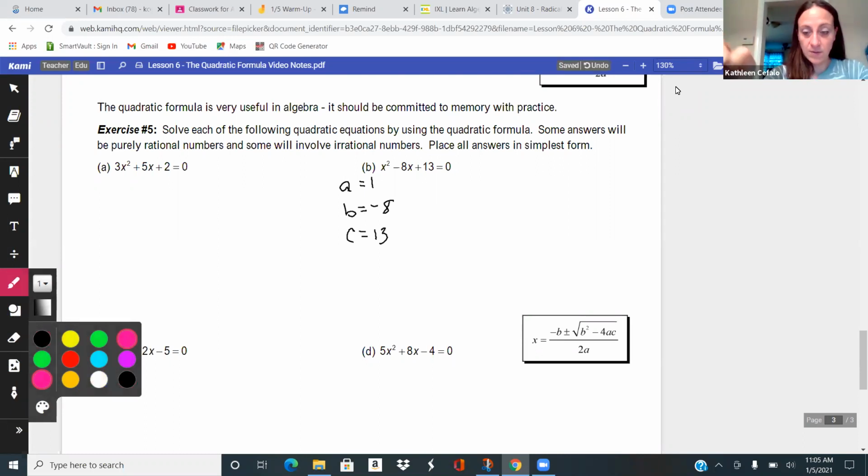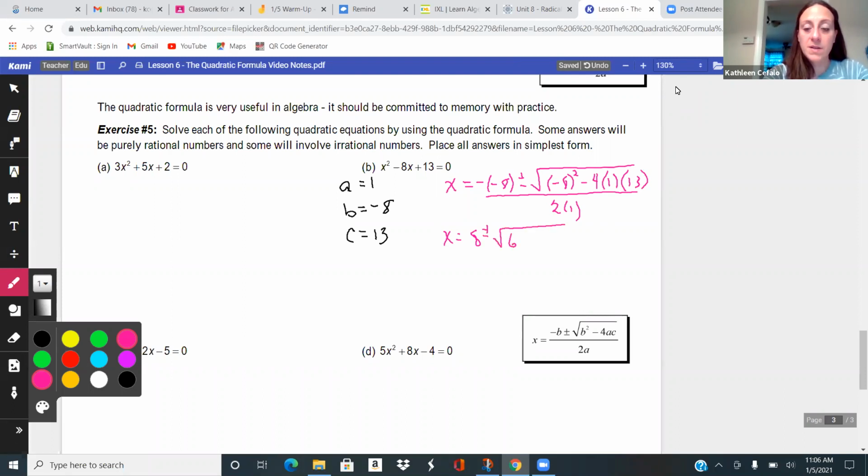Okay, so looking at our formula, we have x is equal to negative B plus and minus the square root of B squared minus 4 times A times C all over 2A. Okay, so negative, negative 8, that gets you a positive 8, plus and minus.